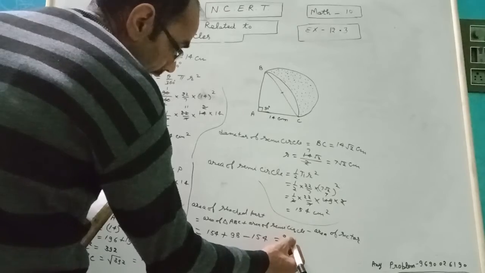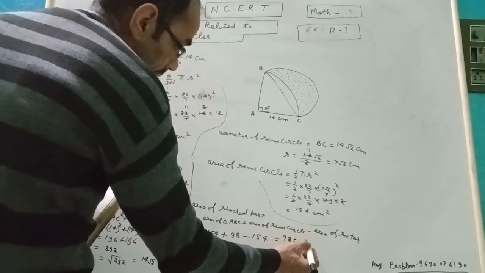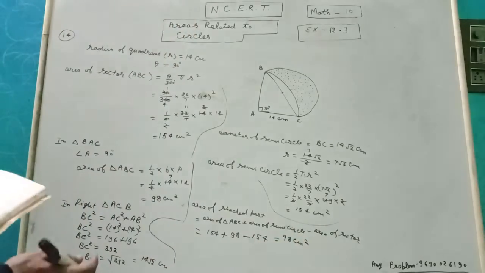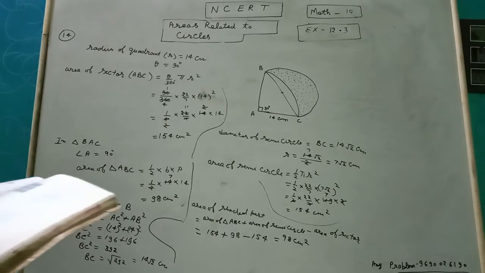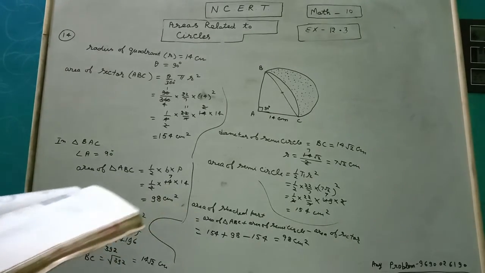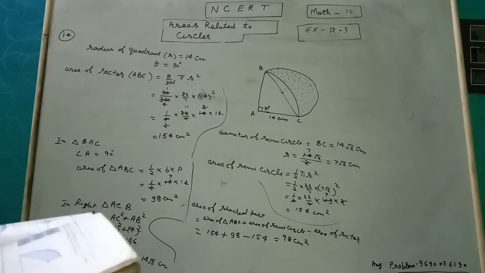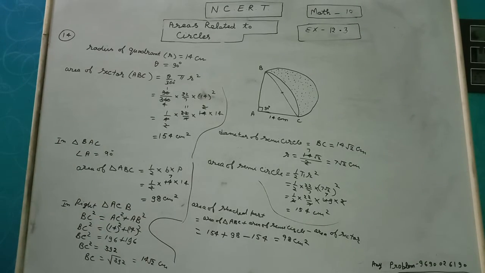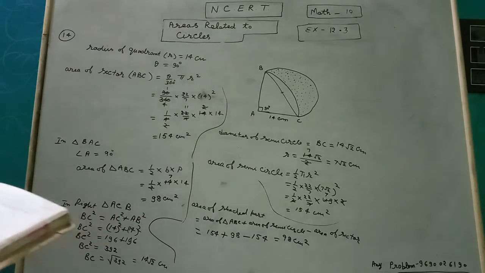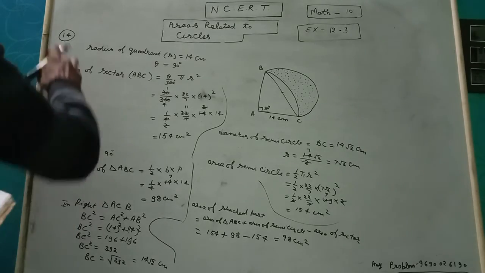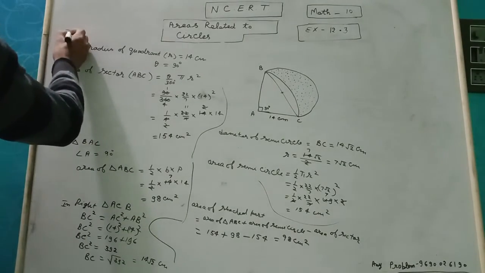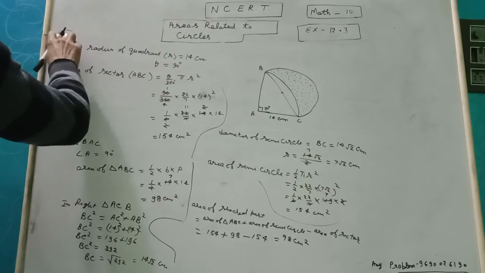After subtracting, 98 cm square will be the area of the shaded part. Question number 15 is complete.